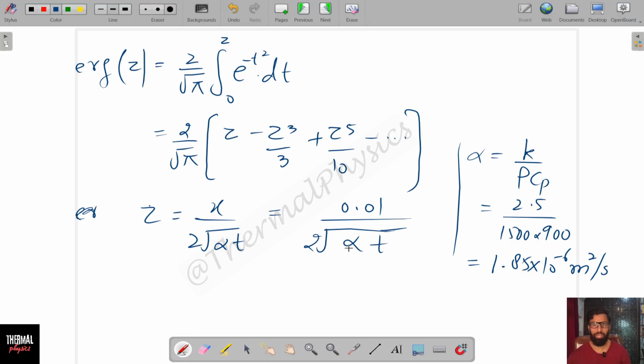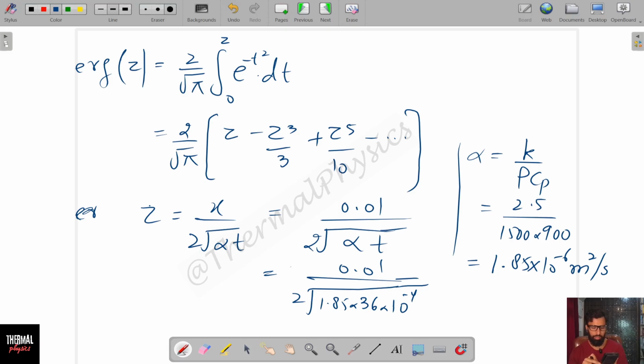So we have alpha, which means it is 0.01 divided by 2 times the square root of 1.85 times 10 to the power minus 6 times 3600. We'll solve this portion to get our argument. It is better to solve the root first: square root of 1.85 into 36 into 10 raised to the power minus 4.